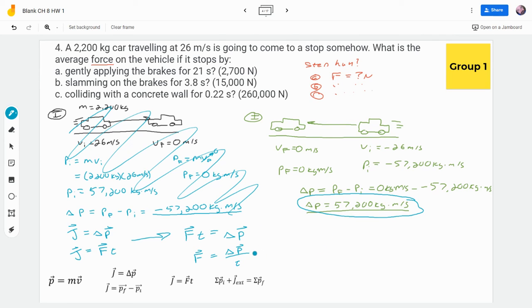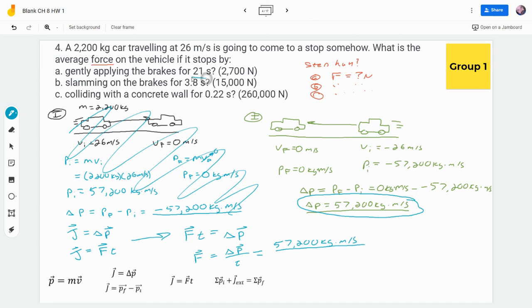And remember what's going on here. In all three cases, we have the same delta P. The thing that's just going to keep changing for us is the time. So let's just do part A. Delta P, again, for each one I'm going this way, 57,200 kilograms meters per second. And what is T for part A?